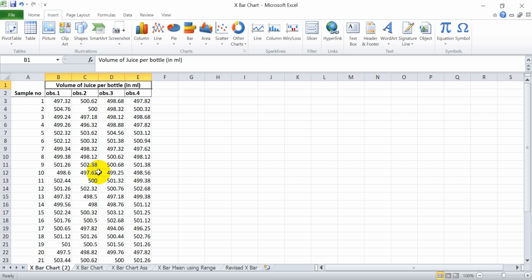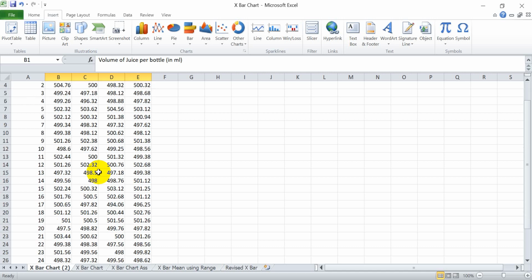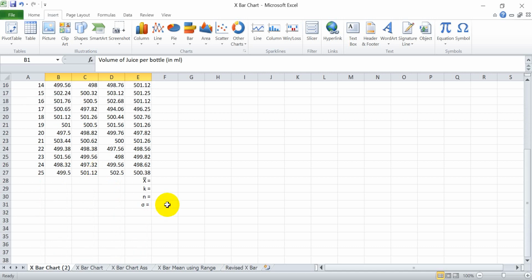They already give a standard deviation of the bottling operation, that is 2.5 ml. So write this over here. I have already put the standard deviation, 2.5 ml.